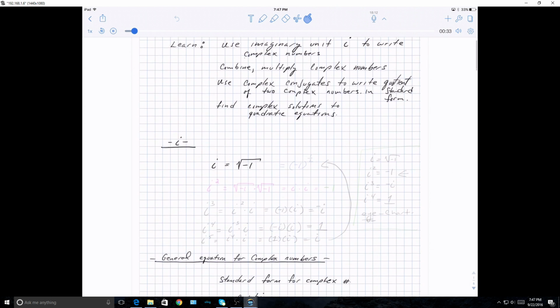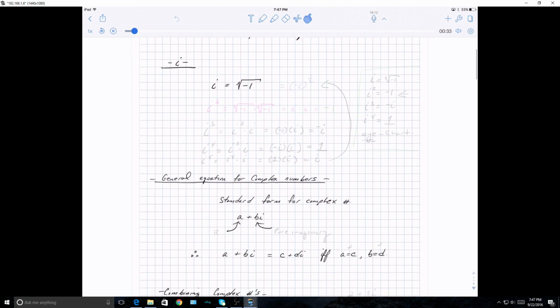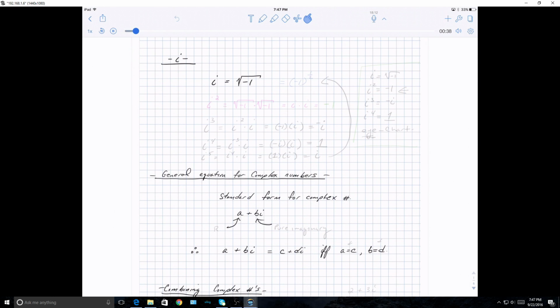So the very first thing I have to introduce you to is, what is the definition of i? It's just the square root of -1, and it's clear to see that that will never work, right? Now, if I write this as -1 to the 1/2 power, then I'm hoping you see the pattern that emerges.